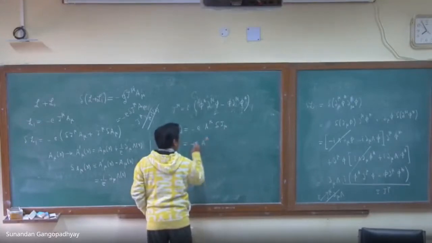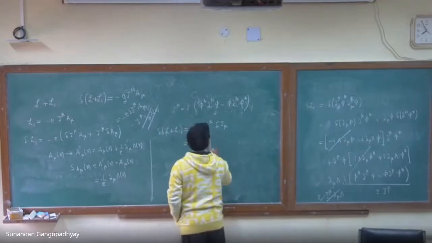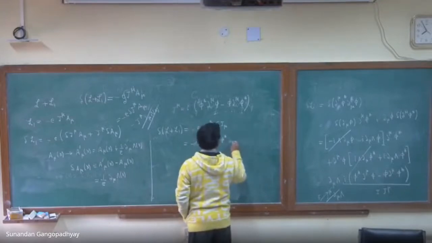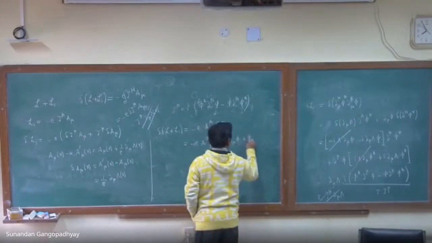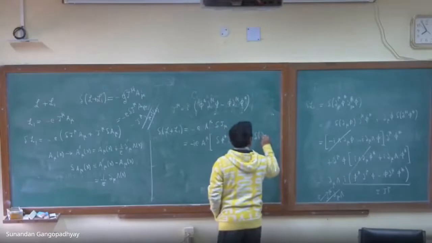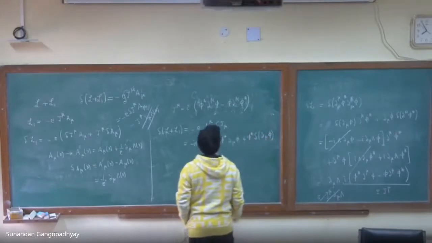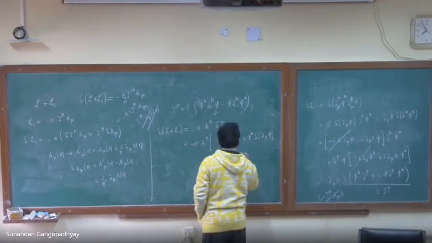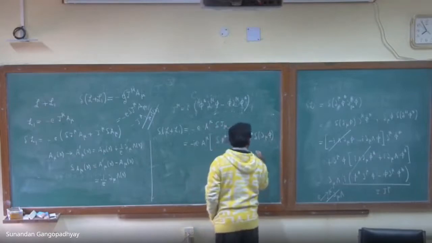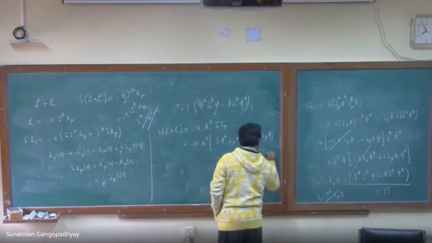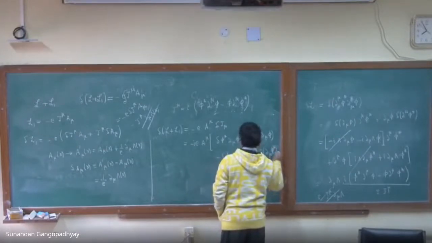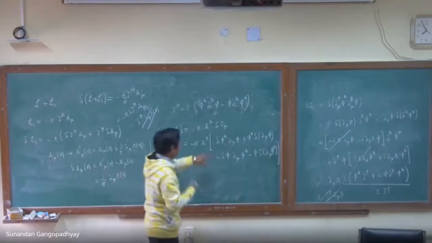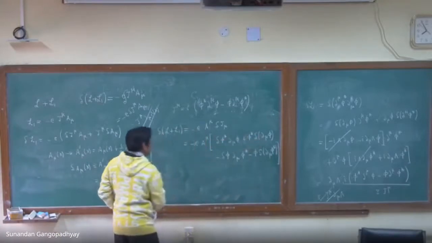You can put the I in front, and then this will be delta of phi star del mu phi plus phi star delta del mu phi minus delta phi del mu phi star. We know each of the changes separately. We know all the changes. So let us substitute them.